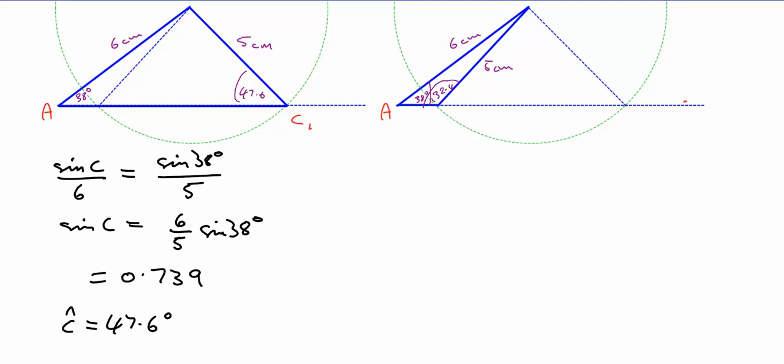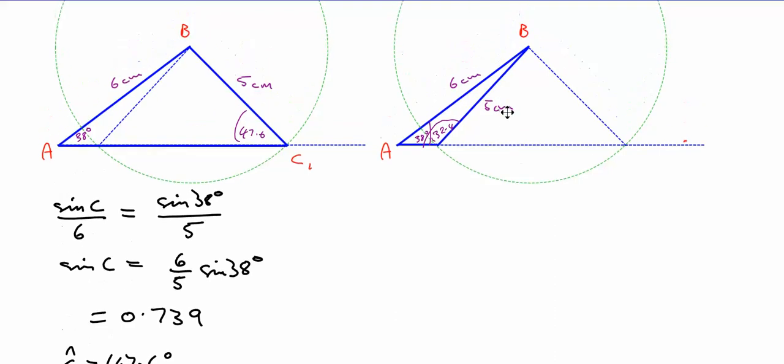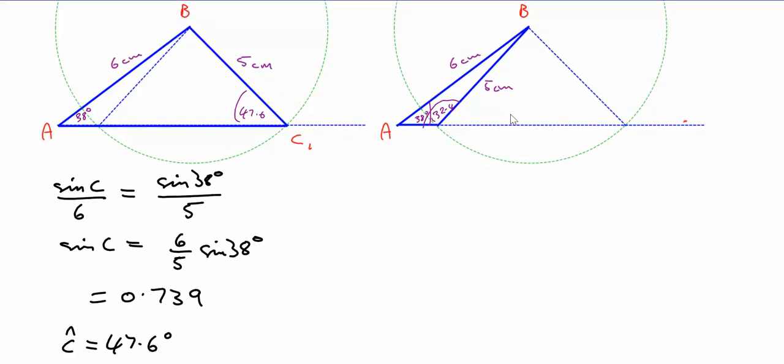Supposing instead of having AB equal to 6, we have AB equal to 3. This would give us sine C over 3 equals sine 38 over 5, just by replacing the 6 centimetres of AB with 3 instead of 6 as we had in the original case.